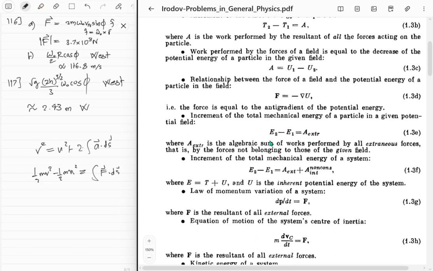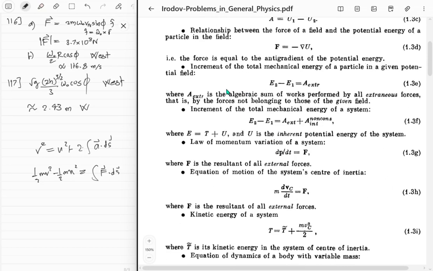So A external, fine. Yes, like the total mechanical energy change. This is very obvious, because all they are saying is that E2 minus E1 is equal to whatever the change in kinetic energies. So why are they using E2 minus E1 though? I'll just use work. Wait, what?